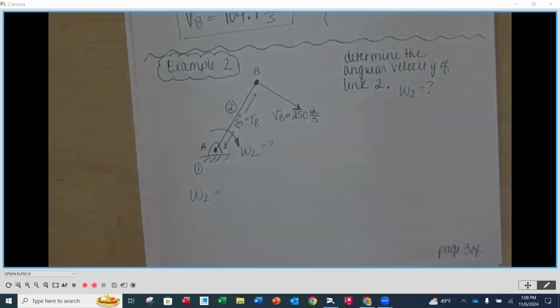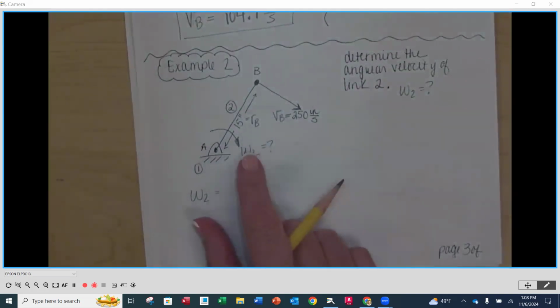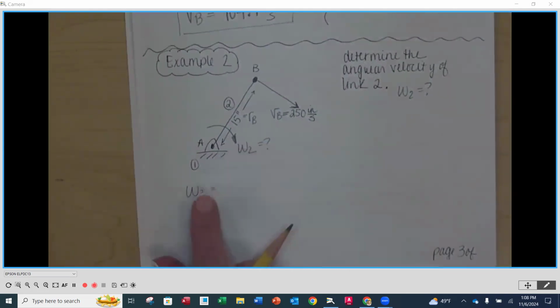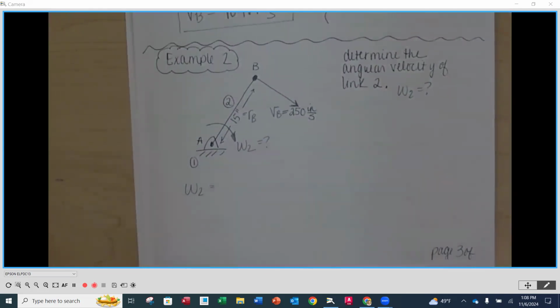Don't just start with W here. If it's on link number 2 and you've got it identified up here as number 2, then you need to be showing it in your equations with those same variable callouts. Those little details are important, okay? Especially when we start looking at multiple links. We're looking at one link right now. We're kind of getting warmed up to this.